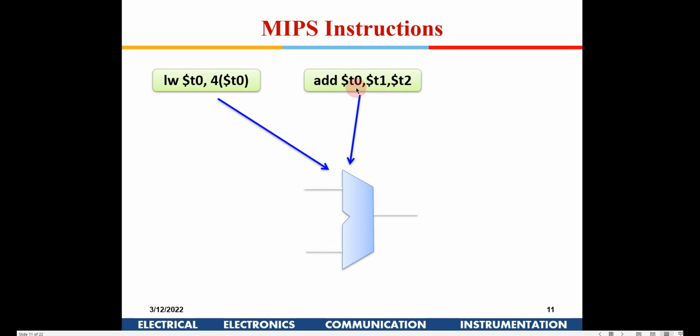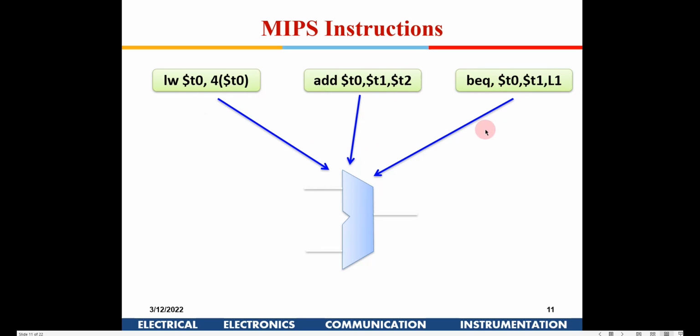Similarly you can give an add instruction between two registers, and the data will be stored in a third register. It will add the contents of the T1 register and T2 register and store the result. Or it could do a branching operation: it will compare these two registers, and BEQ stands for branch if equal, so if they are equal, the program will jump to this memory location. We'll see these in detail.